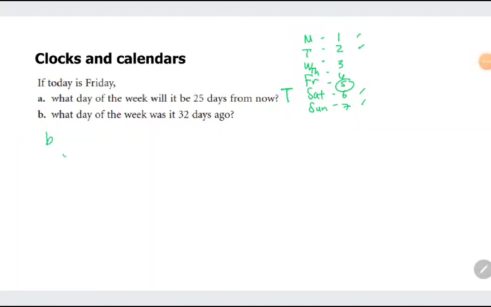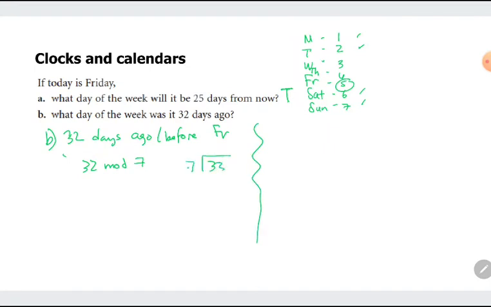Okay, how about letter B? 32 days ago, or before Friday. So 32 modulo 7 using the first process. So 32 divided by 7. 7 times 4 is 28. 29, 30, 31, 32, so the remainder is 4.